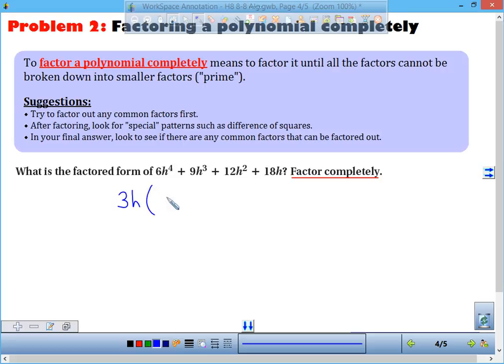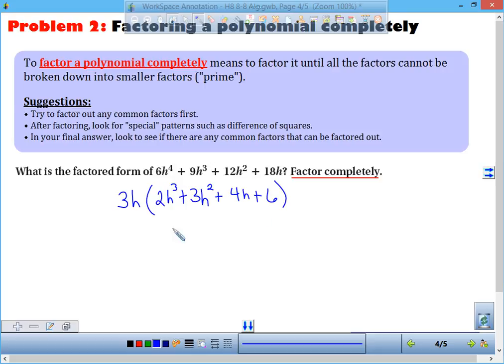So 6 divided by 3 is 2. H to 4th divided by H is H to 3rd. 9 divided by 3 is 3. H to 3rd divided by H is H squared. 12 divided by 3 is 4. And then just H. And then 6.